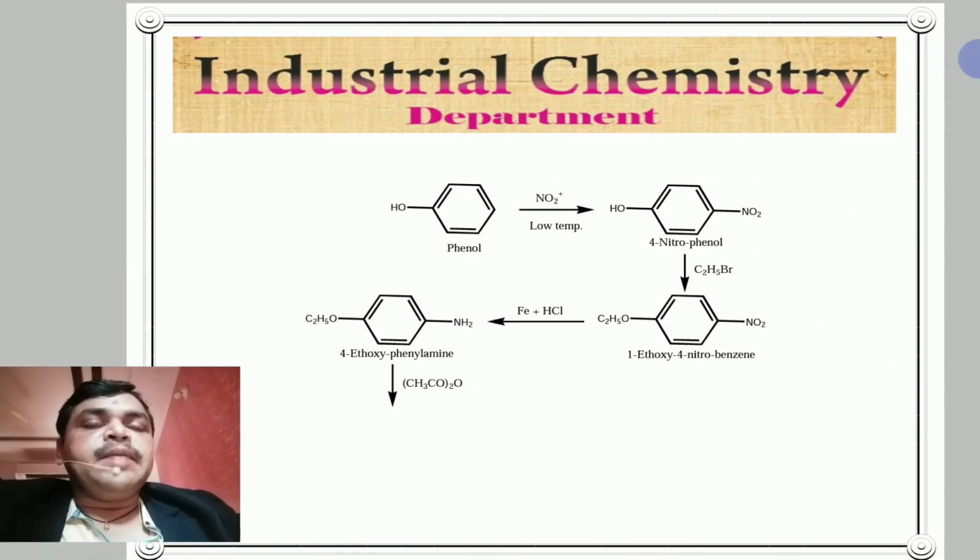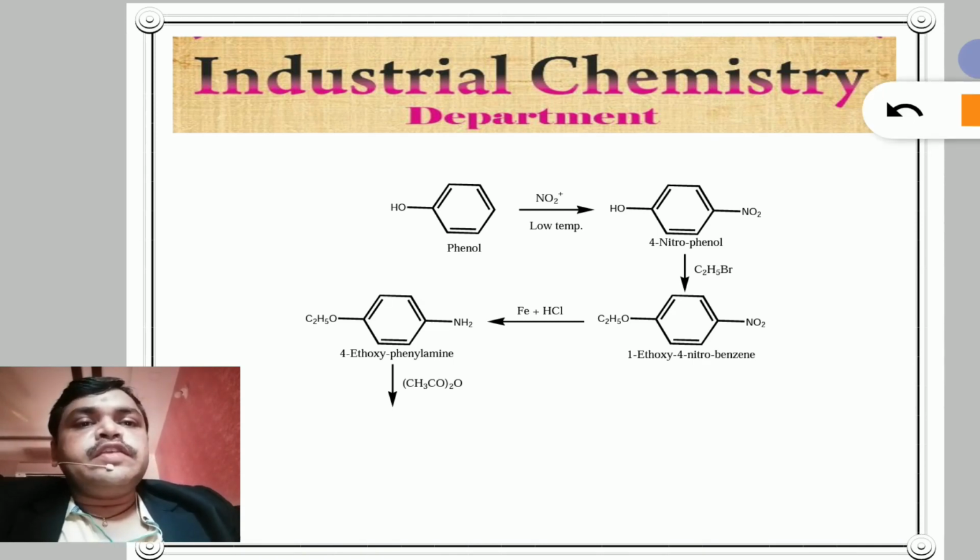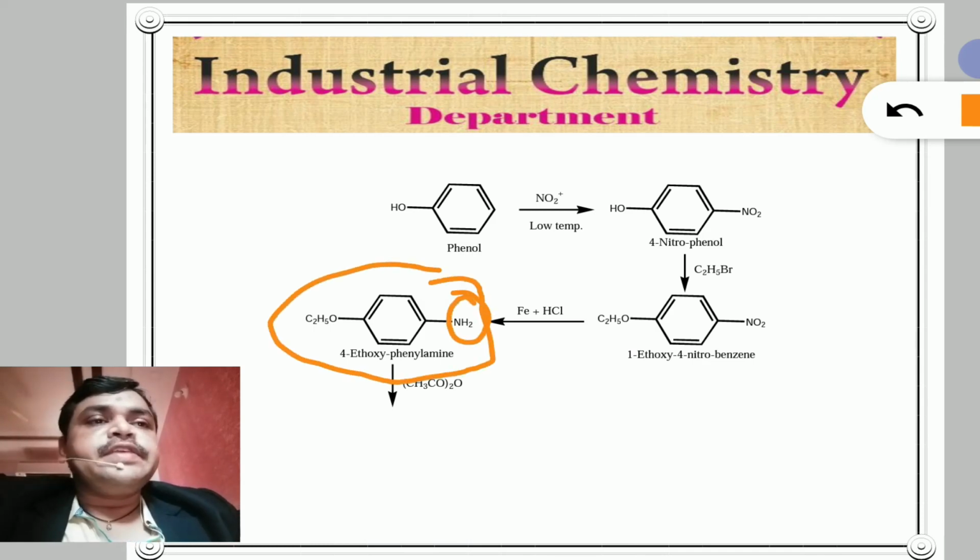4-ethoxy phenylamine is treated with acetic anhydride. The acetylation unit process takes place here, and in this structure the NH2 is converted into NHCOCH3 with removal of acetic acid.